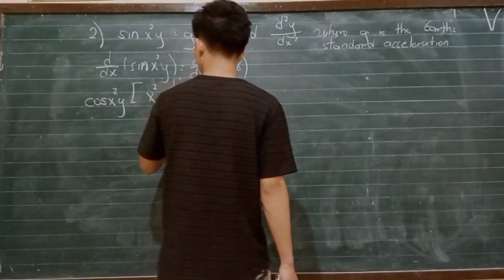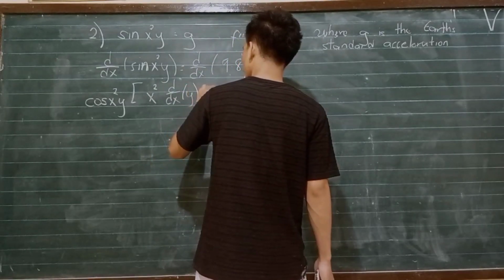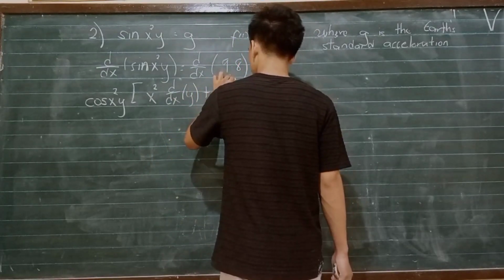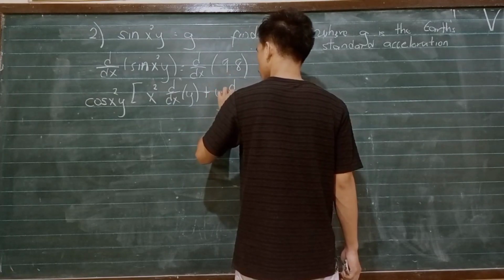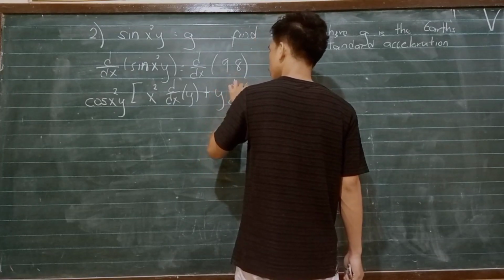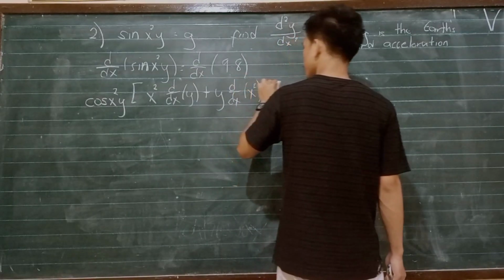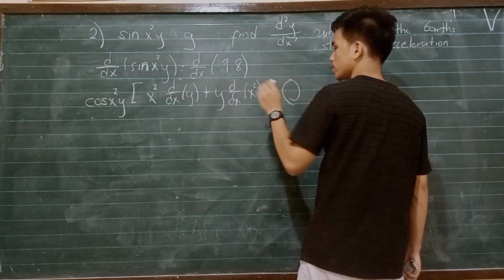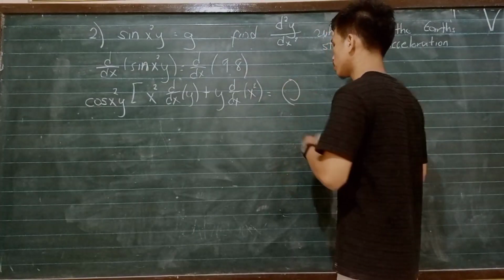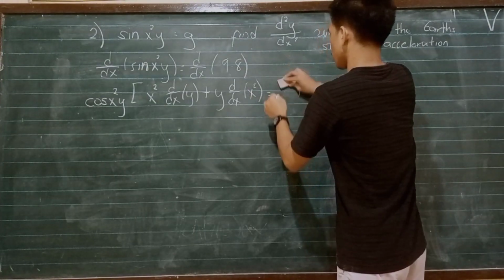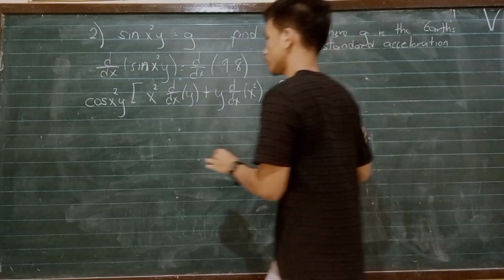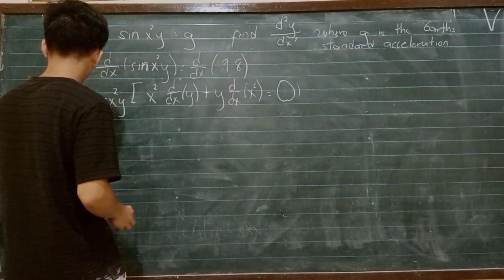y plus y, the derivative of x squared is equal to, let's put in 0 because the derivative of a constant will always be 0. Now simplify.